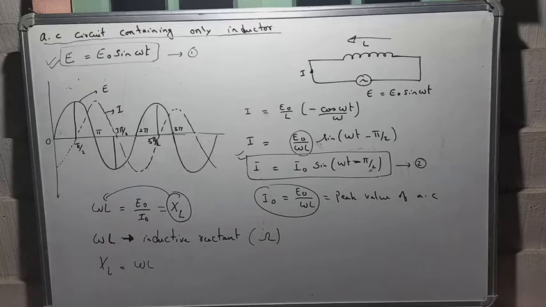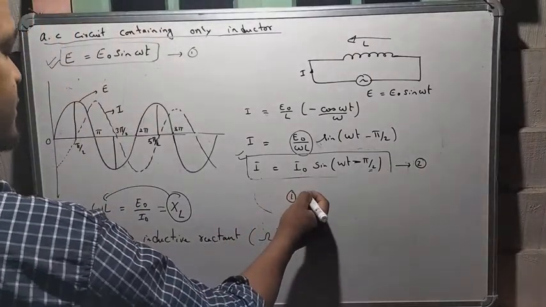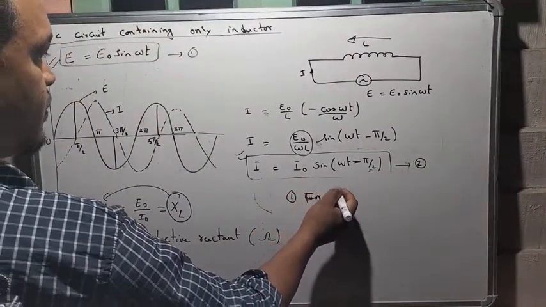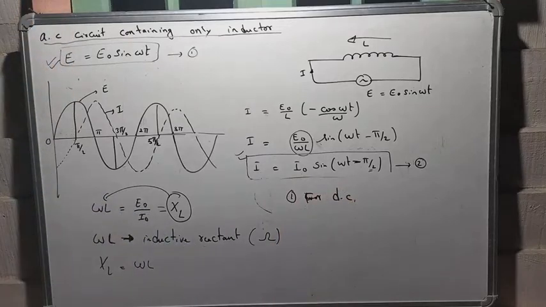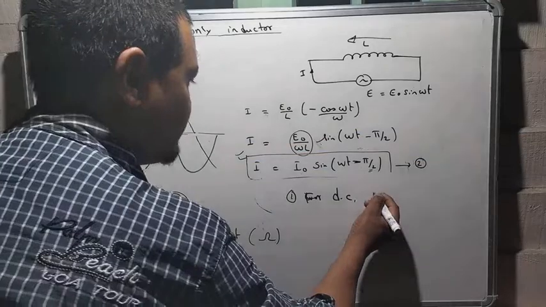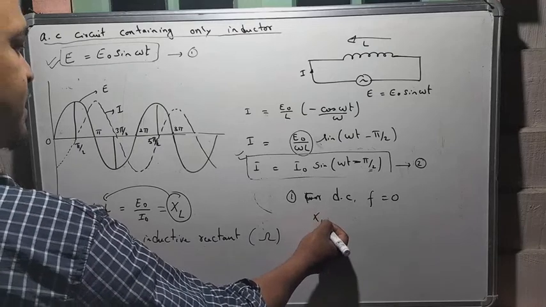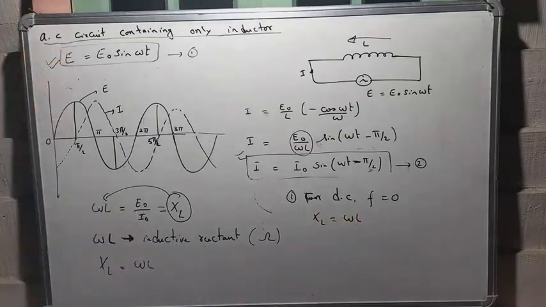Okay. So let us discuss some special cases. The first case is for direct current. When the current is direct, that means the current is going in a straight path. Do you have any frequency in such a case? No. So the linear frequency is equal to 0. So when the linear frequency is 0, look at XL. We have XL is equal to omega L. What is omega?